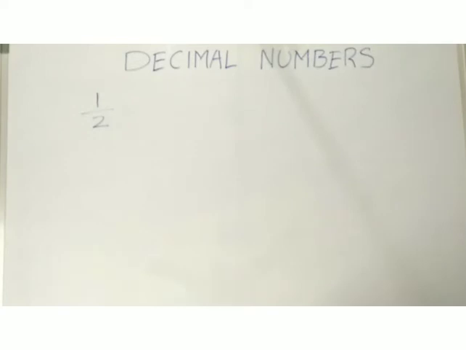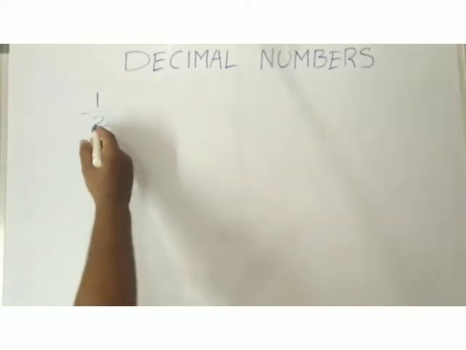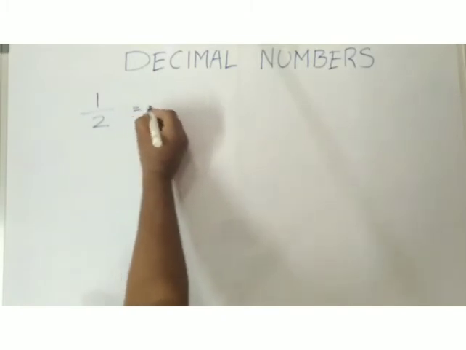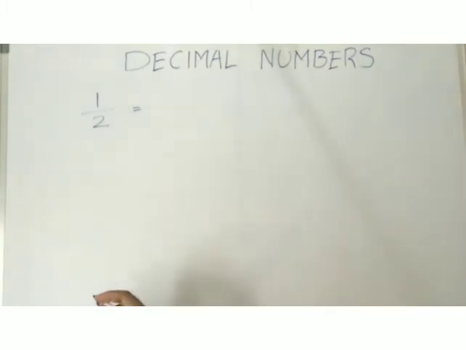How? I'll show you. Here the denominator is 2, but to write the decimal number in the easiest way, if the denominator is 10 or a multiple of 10, then we can write it very easily.